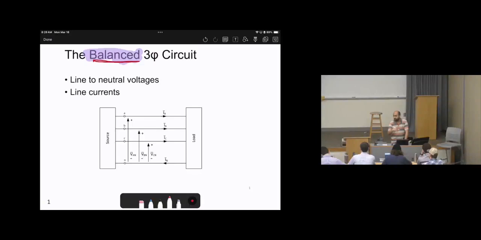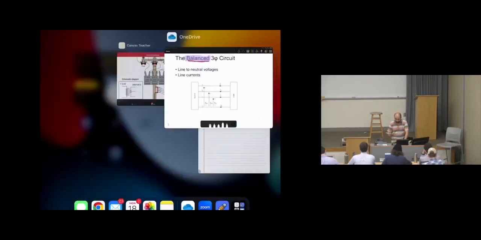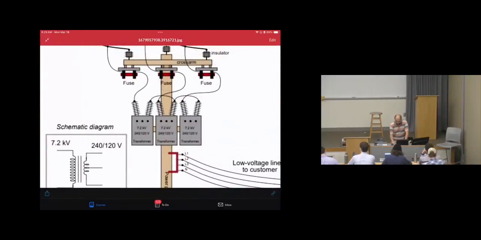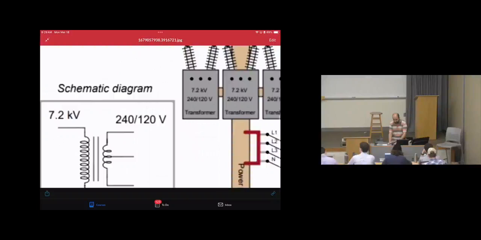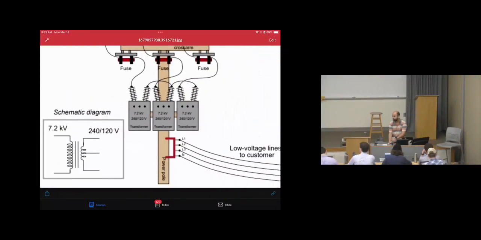You know your home is connected to single phase, right? Your home is connected to phase A and the neutral, which will go to the transformer. That transformer will convert from 7.2 kilovolts to what? 120 or 240. Let me show you this. We have 3 phases from the utility, connected to 3 transformers, 1, 2, 3.